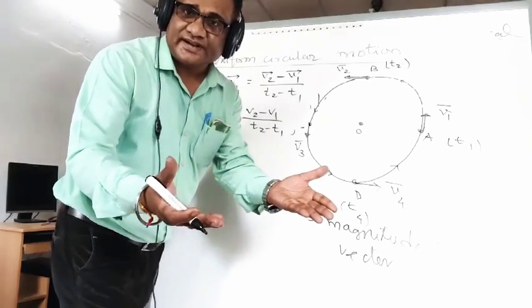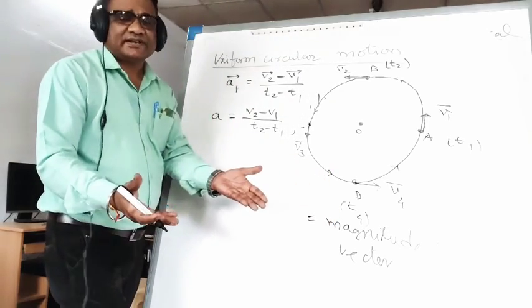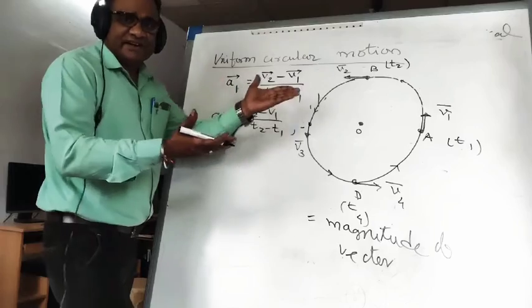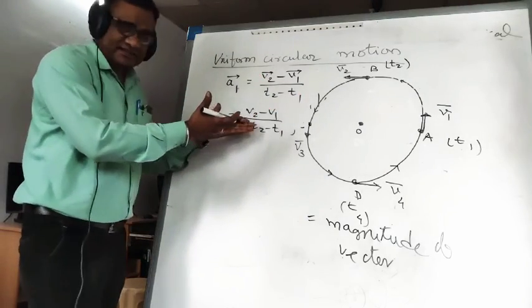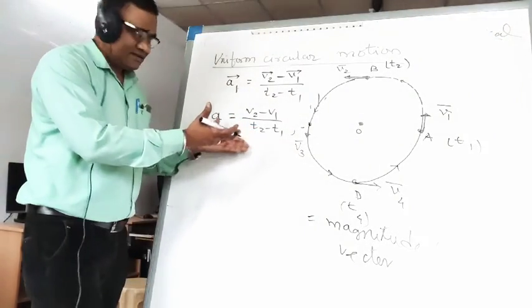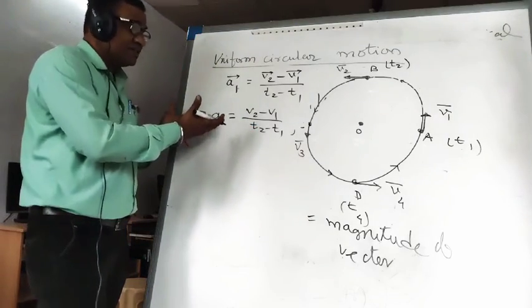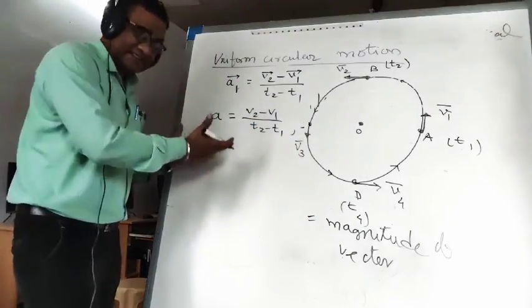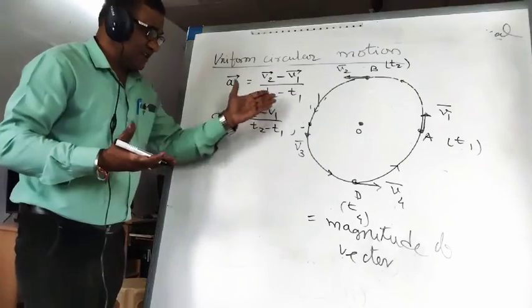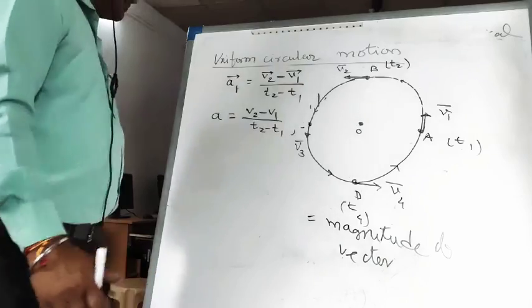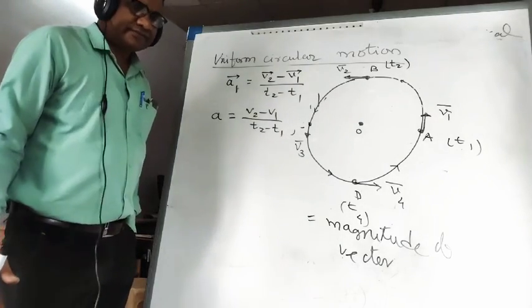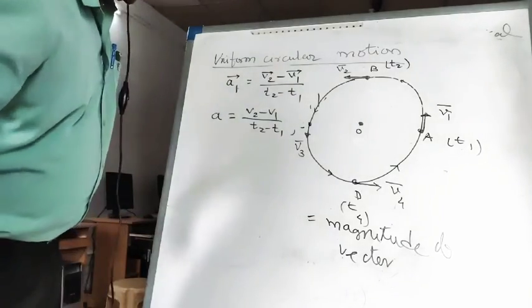Acceleration is also a vector quantity. It can be represented in vector notation, and it can also represent the magnitude of the vector. So A represents the magnitude of acceleration in terms of change in velocity divided by time. Okay? Is it clear? Right.